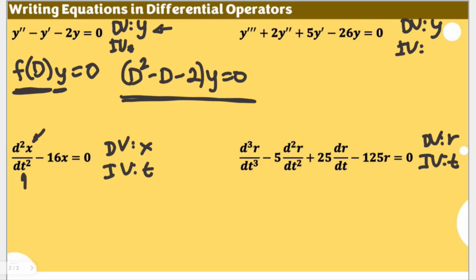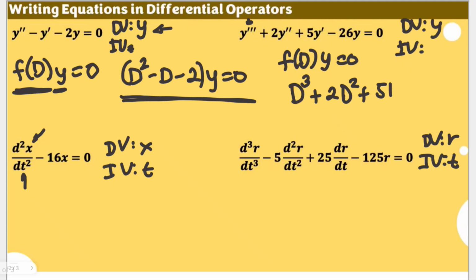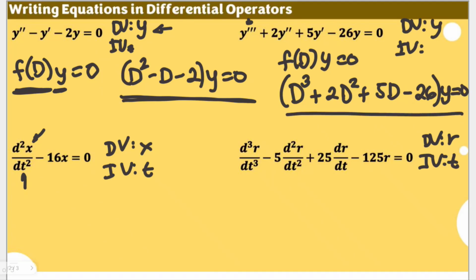For our second equation, the same process applies: f of D, y equal to 0, so you will have D cubed plus 2D squared plus 5D minus 26, all multiplied with your dependent variable y and equated to 0. This is the answer for the second equation.